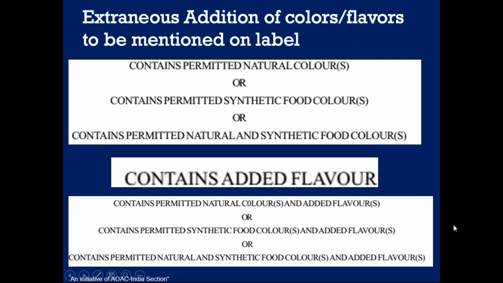So remember, as food analysts, if you find a synthetic color or a natural color added to it, you need to see whether this label declaration is written in uppercase, that is in capital letters, as shown over here.